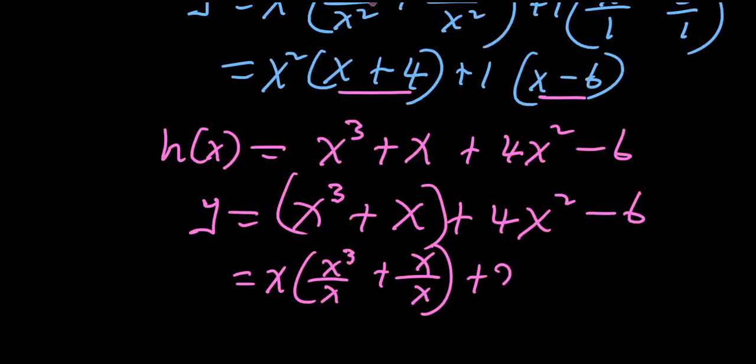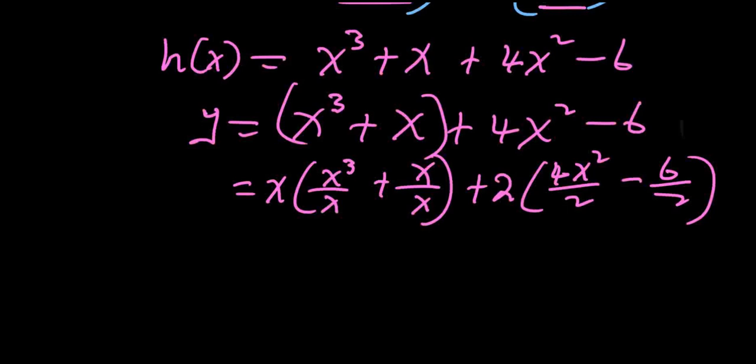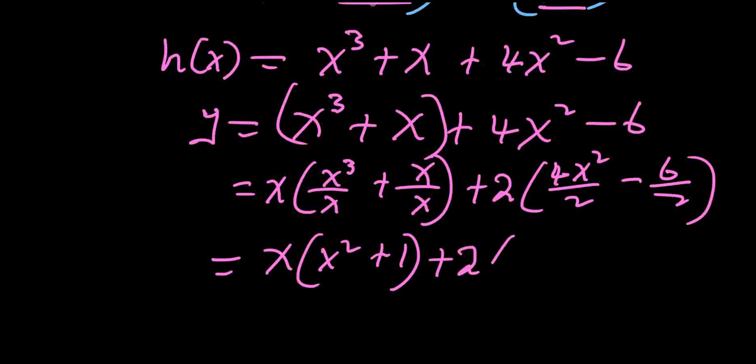So x cubed divided by x is x squared, and x divided by x is 1. 4x squared divided by 2 is 2x squared, and negative 6 divided by 2 is negative 3. You can see that the content of the parentheses is still different.